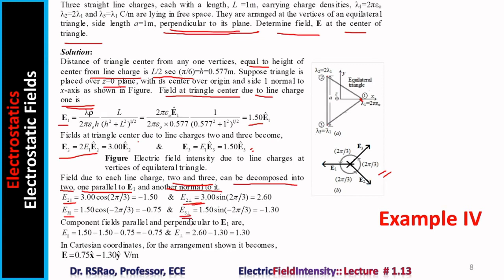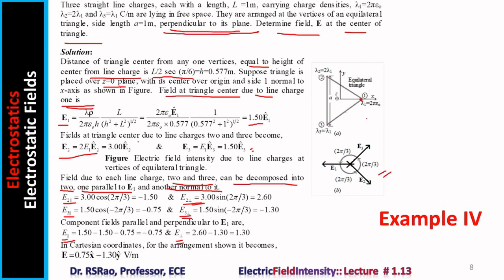Component fields parallel and perpendicular to E1 are E parallel and E perpendicular. E parallel has three parts, one from charge 1, another from 2, third from the third charge. E perpendicular comes only from charges 2 and 3. Addition results in 0.75 with negative sign and 1.30 with positive sign for E parallel and E perpendicular respectively.